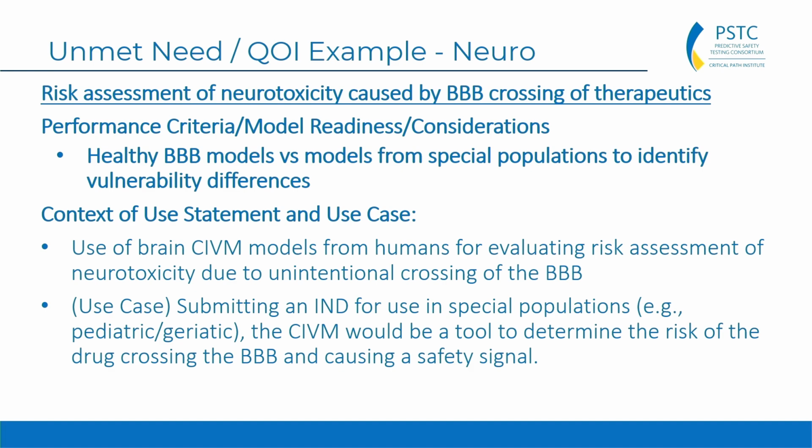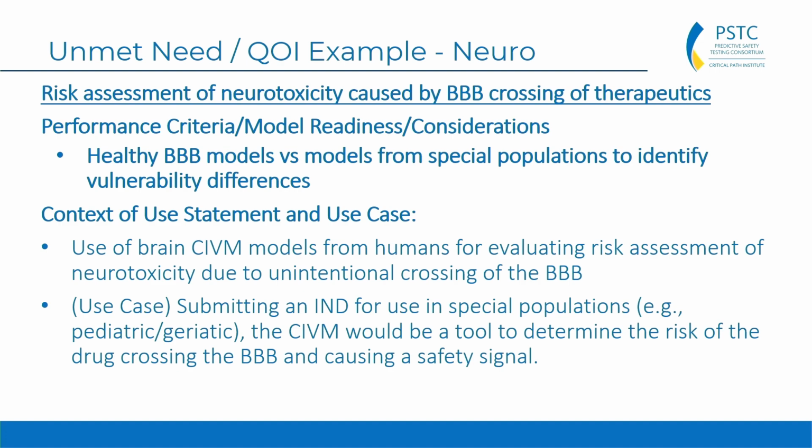A context of use we came up with is the use of brain CIVM models from humans for evaluating risk assessment of neurotoxicity due to unintentional crossing of the blood-brain barrier. These are therapeutics that are not anticipated to cross the blood-brain barrier, but yet you end up seeing some type of neurotox findings, and you want to know why.